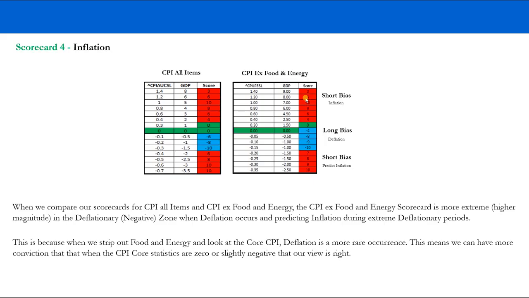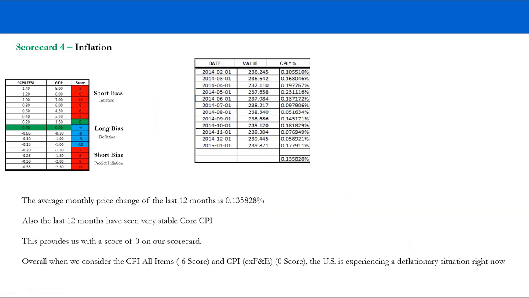So now let's conclude on CPI ex food and energy and see what type of score we can assign to the current situation. Well, if we take a very similar approach to CPI all items, including food and energy, we take the last 12 months and we continue to do this on a rolling basis.